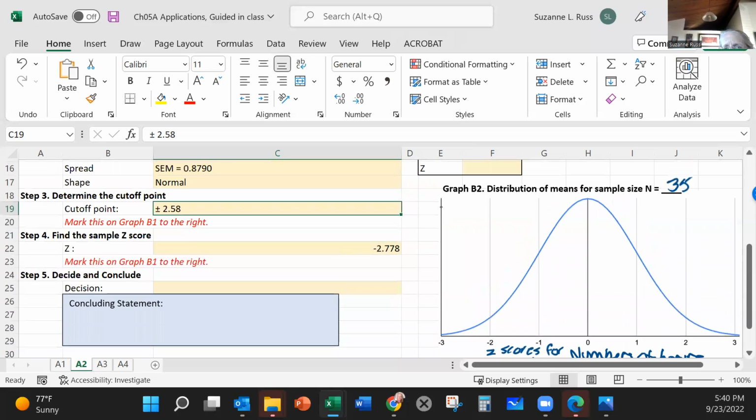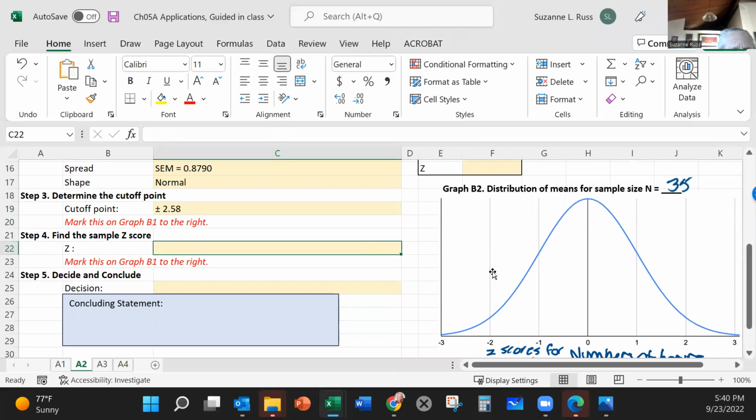That's always helpful, so remember what we're doing. Our cutoff point is going to be plus or minus 2.58. And so here's our 2.58, way up here. Our cutoff point, 2.58, and way down here between the 2 and the 3, minus 2.58.